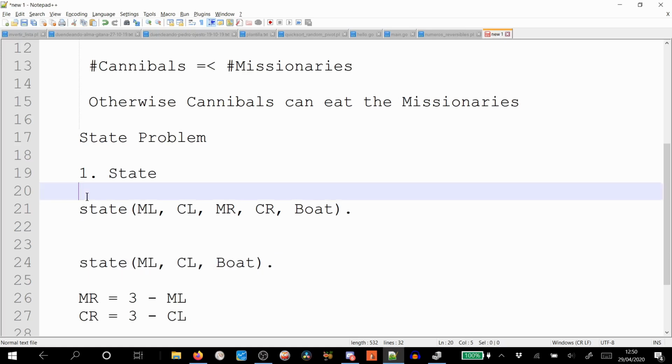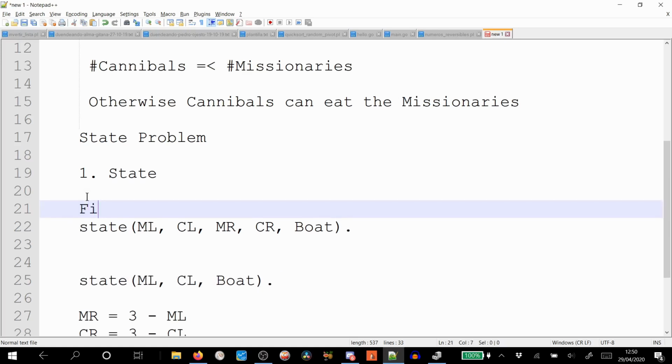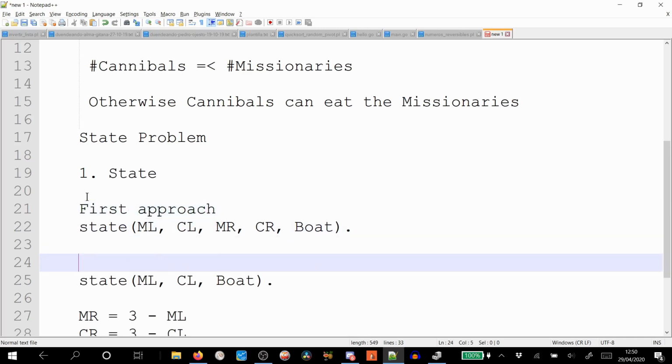But you have to decide the missionaries and the cannibals in the boat. Yes, we have to decide in the boat.